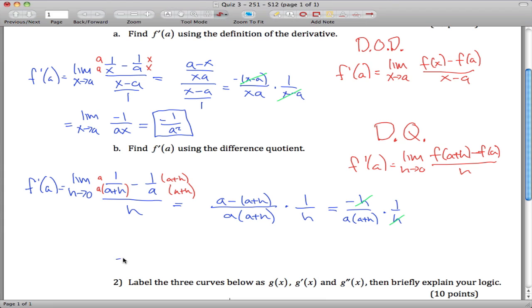So what I'm left with is the limit as h approaches 0 of negative 1 divided by a times a plus h. But as h goes to 0, this is just a plus 0, or a. So I got negative 1 over a times a. That is negative 1 over a squared, which matches up with what I got up there. Nice.